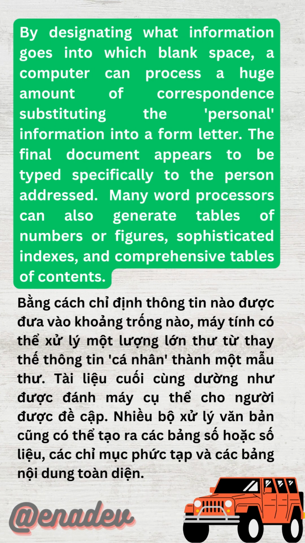By designating what information goes into which blank space, a computer can process a huge amount of correspondence, substituting the personal information into a form letter. The final document appears to be typed specifically to the person addressed. Many word processors can also generate tables of numbers or figures, sophisticated indexes, and comprehensive tables of contents.